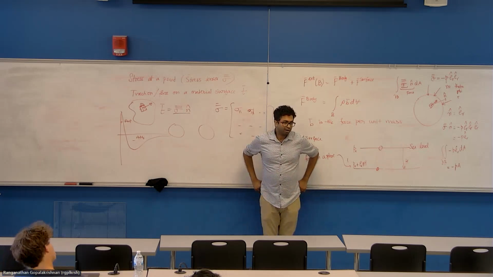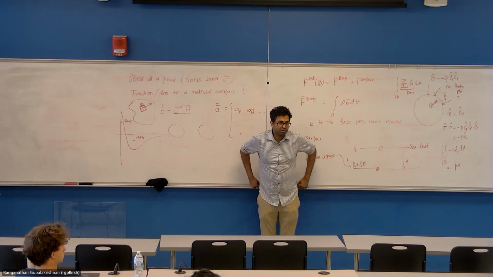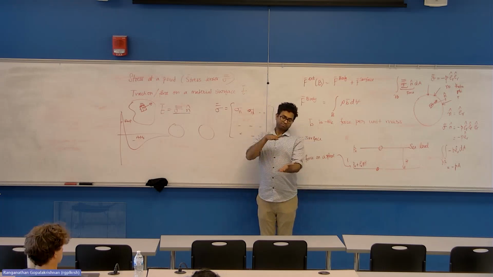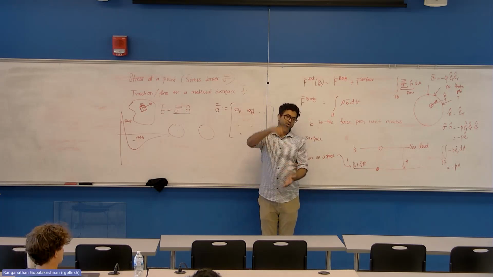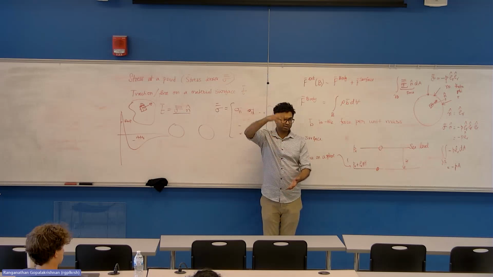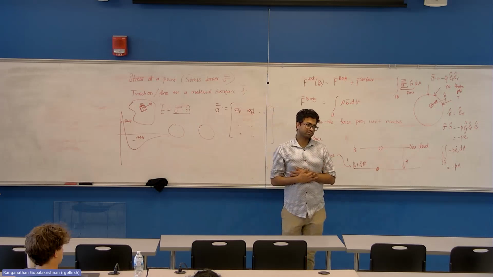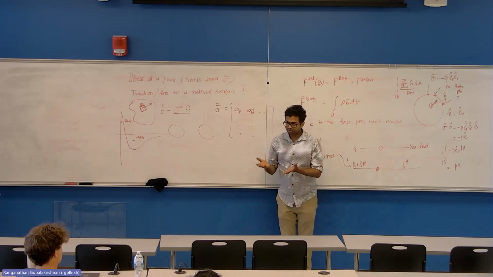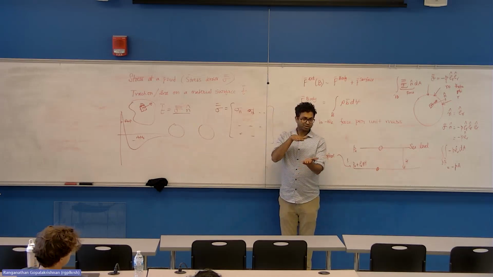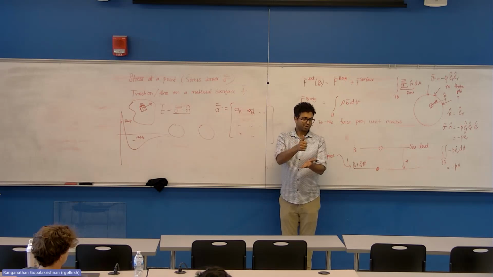I have my block, I am shearing it. I'm not doing anything in the axial direction, neither compressing nor stretching it. What is the force in that direction? Zero, because the stress that I am applying is tangential. The area vector is perpendicular.